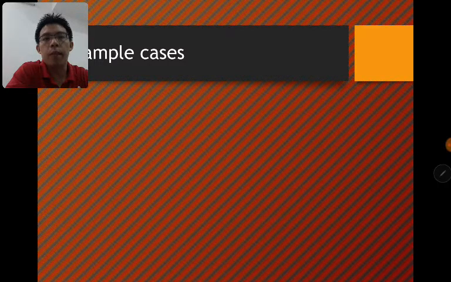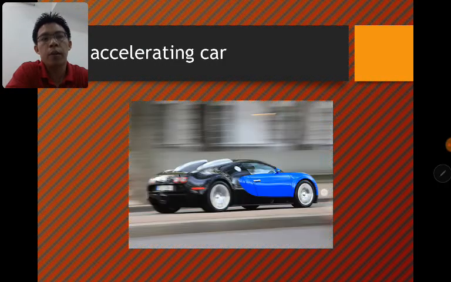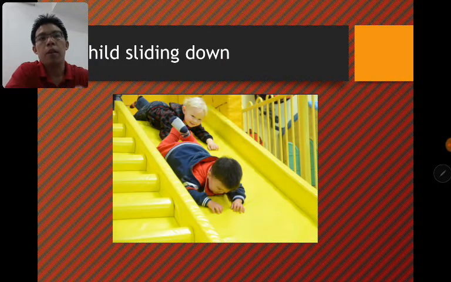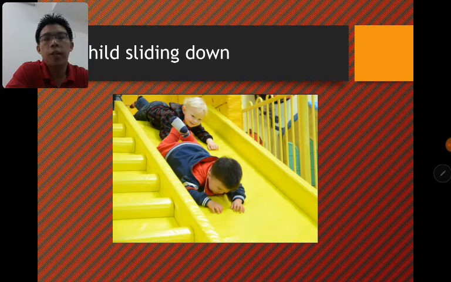I'm going to explain 2 example cases here, okay, as I scroll through. All right, we have children sliding down. So in this case here, the children actually are changing position in the gravitational field. They have mass. They're falling from a high position to a low position.